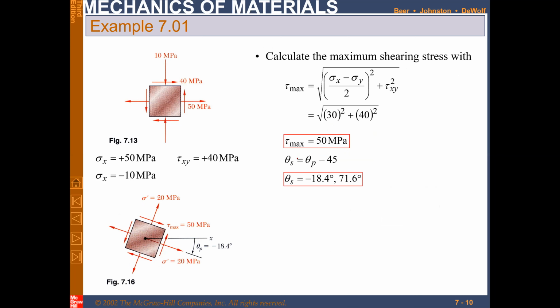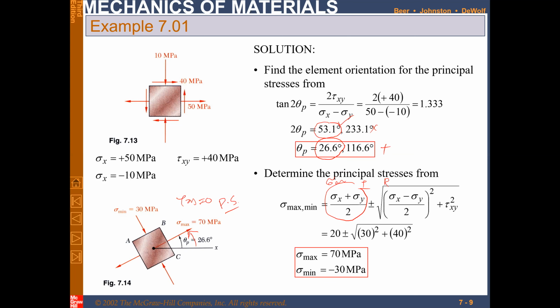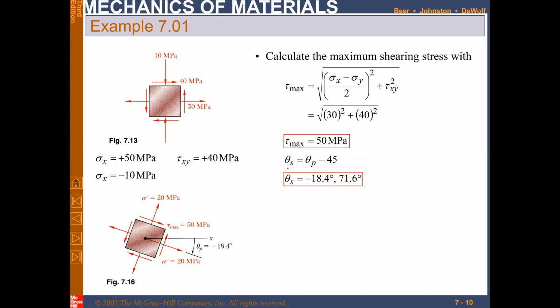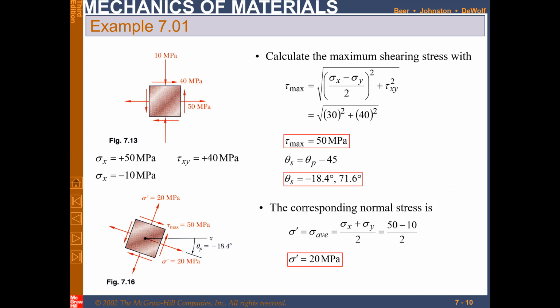Tau max will be 50 megapascal, and theta s will be theta p minus 45, and it will be minus 18.4 degree, and minus 18.4 degree will be your theta s value.